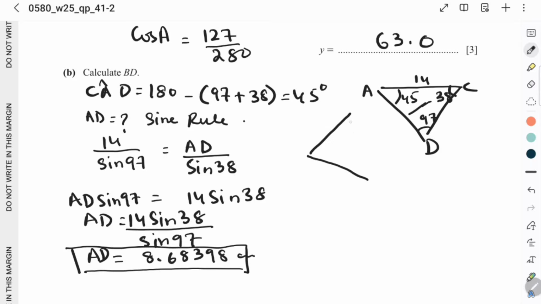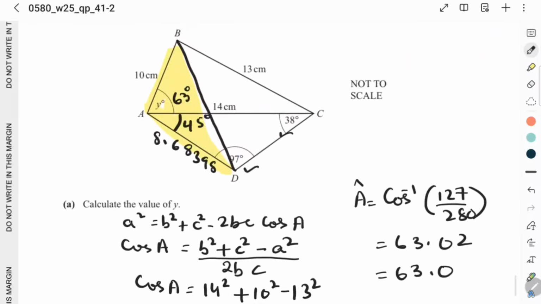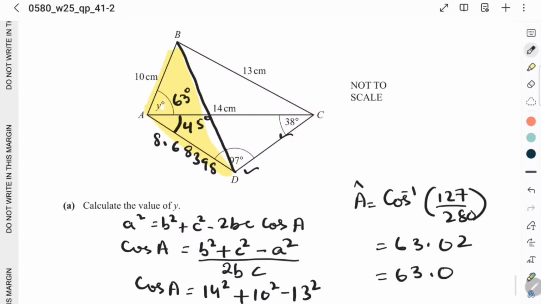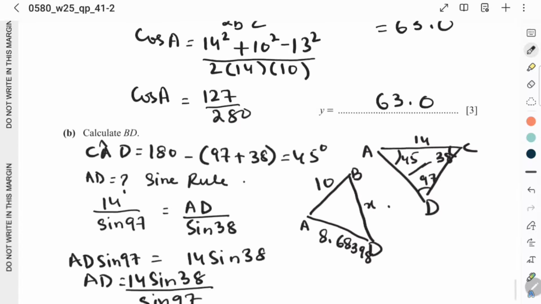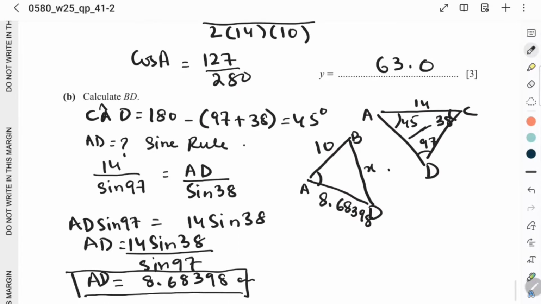So you will have A, D and B. This is required. This is 10, 8.68398 and the angle, 63 plus 45, is 108. So BAD is equal to 63 plus 45, which is 108.